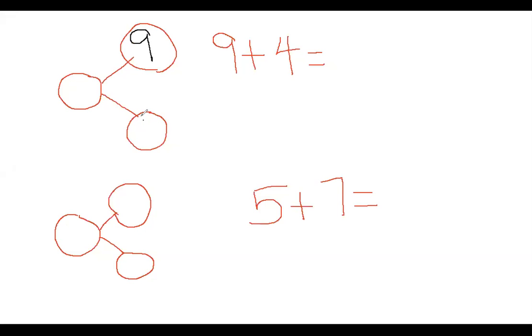You're going to put your parts in the circles that are separate from your answer. You have to draw 2, one for each equation, underneath it. Then, Landon, can you tell me what 9 plus 4 is?